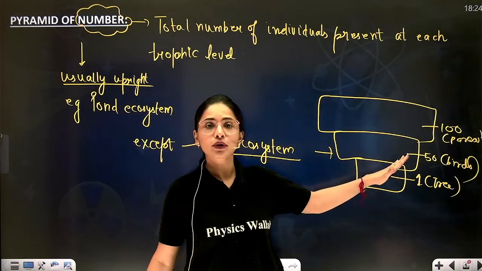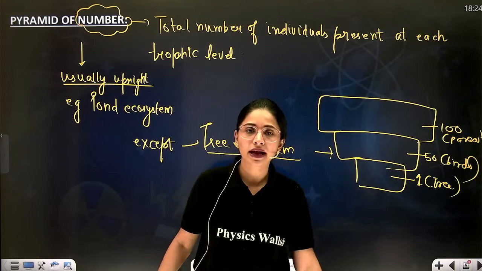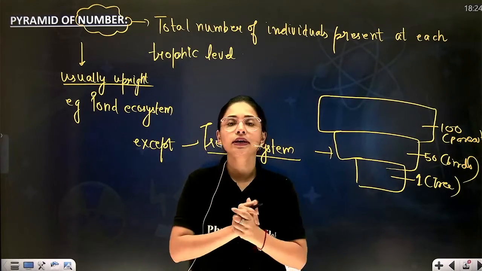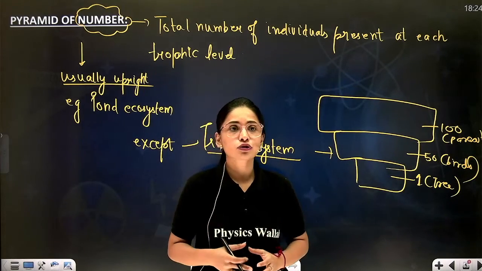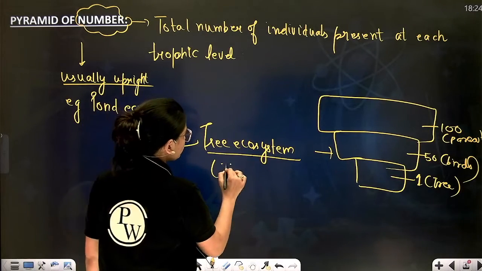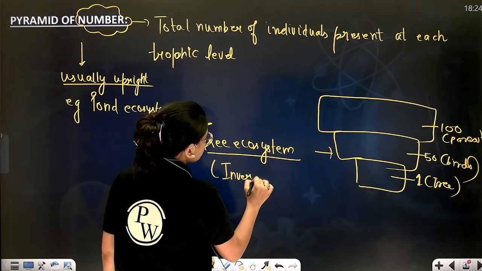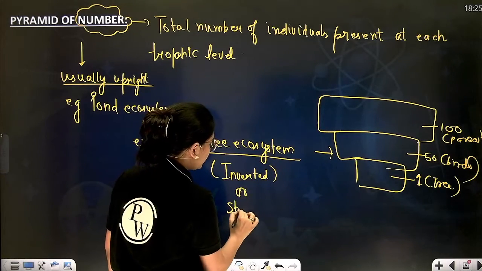One tree is supporting more than 50 birds. More than 50 birds are supporting more than 100 parasites. So this is an inverted pyramid of number in case of the tree ecosystem. The pyramid can be inverted or spindle shaped.